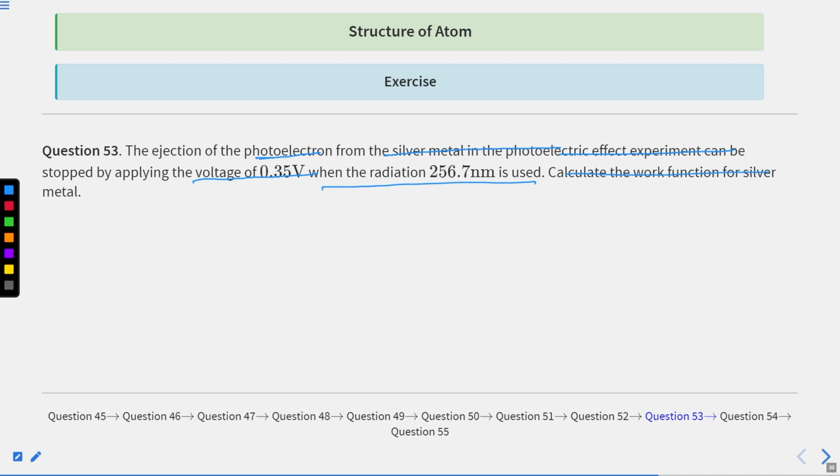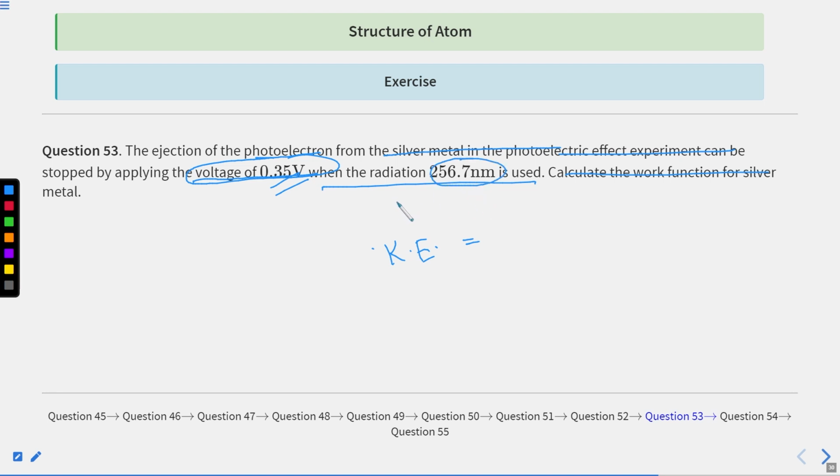So you can calculate the kinetic energy from here first of all. So how will I calculate the kinetic energy? This is the work done that is given, that is the energy is given. Okay, this is the kinetic energy only. Now we can calculate the radiation wavelength; wavelength is given, calculate the energy from here.